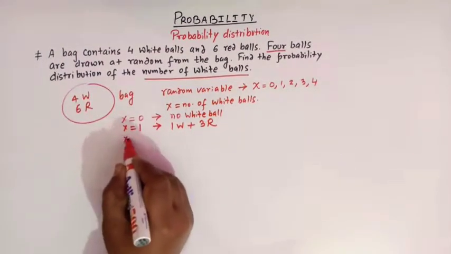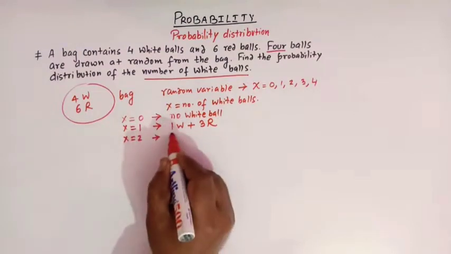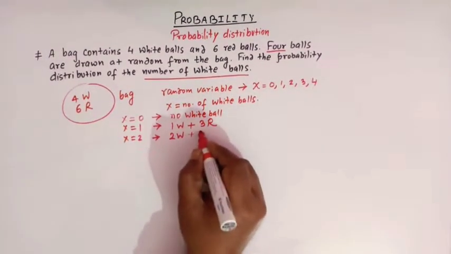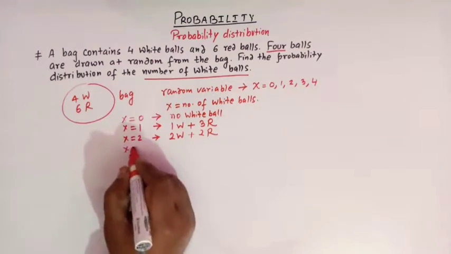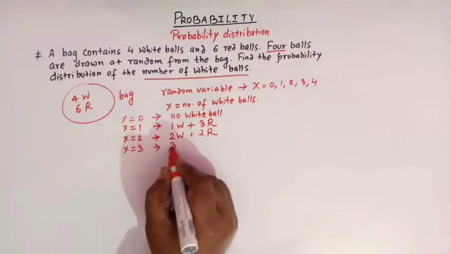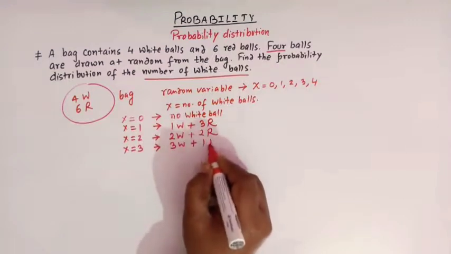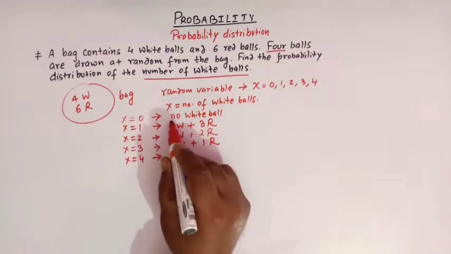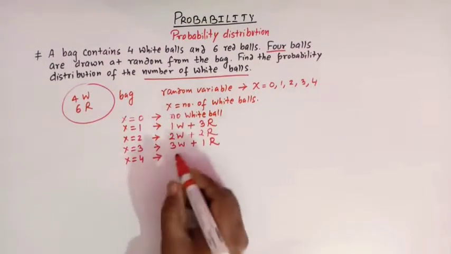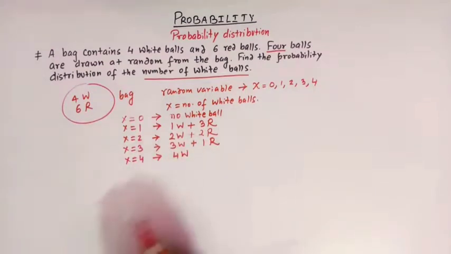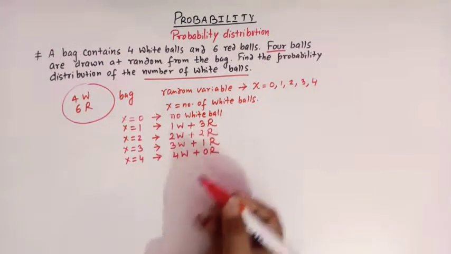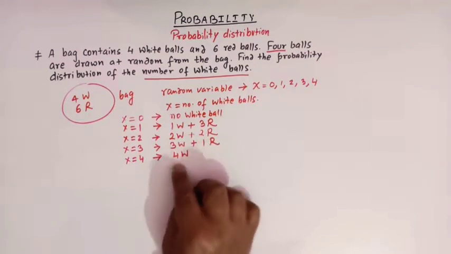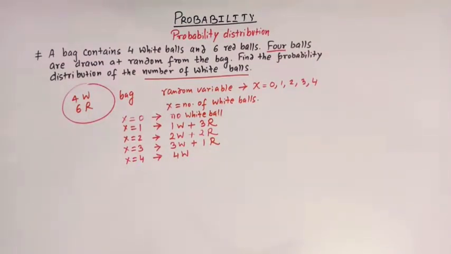When x is 2, then out of these 4 balls we have 2 white balls and 2 red balls. When x is 3, then we have 3 white balls and 1 red ball. And when x is 4, it means we have all the 4 balls as white in color. So here we have 0 red balls, or there is no need to write this 0. So we have all the 4 balls as white.